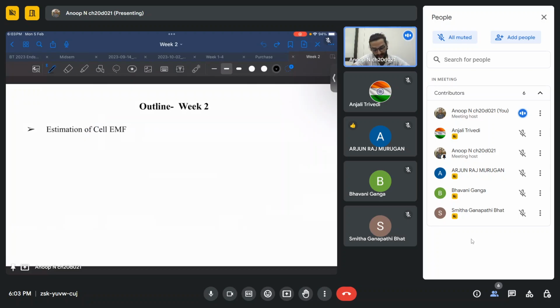The first topic was the estimation of cell EMF. This is something we have already seen in our plus 2 classes, how to measure the EMF of an unknown cell. So I'll simplify the picture a little from what the professor has given in the class. We have a cell of known potential E1.